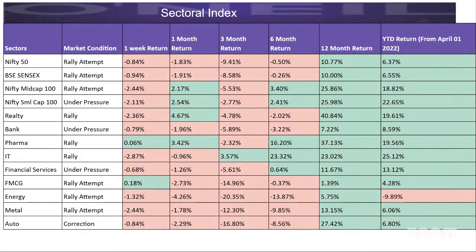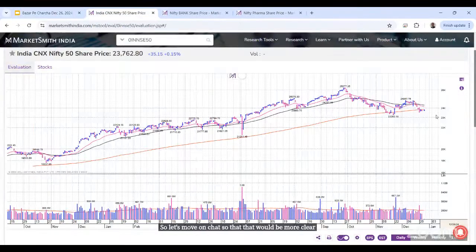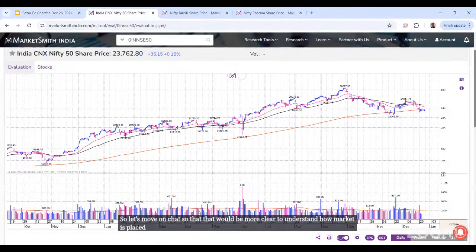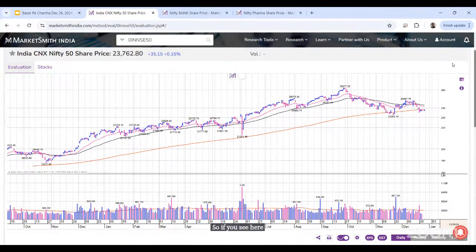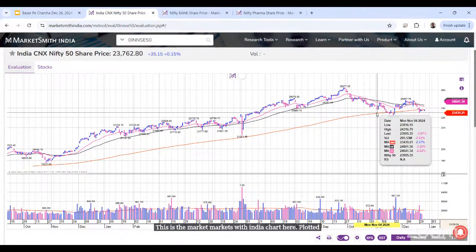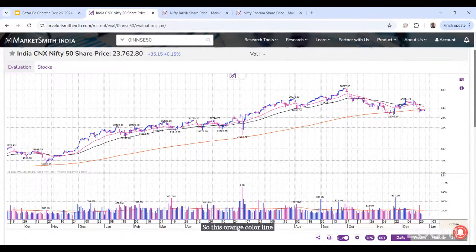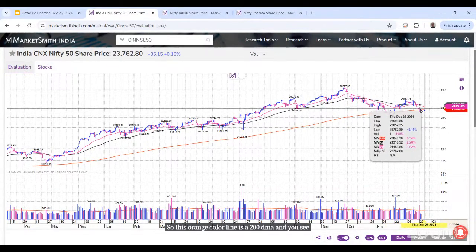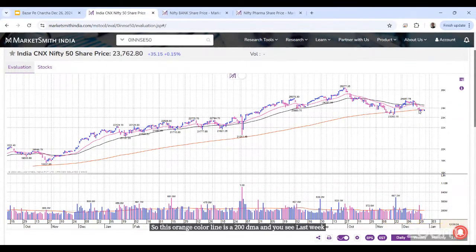So let's move on to the chart, so that it would be more clear to understand how the market is placed currently technically. If you see here, the Nifty 50 chart. This is the Market Smith India chart plotted in front of you. This orange color line is the 200 DMA, and you see last week this market breached the 50 DMA.